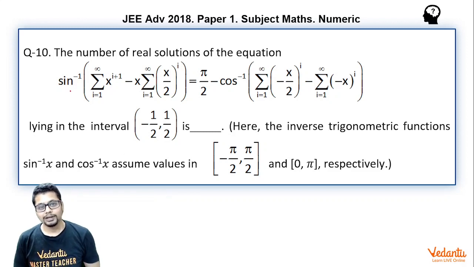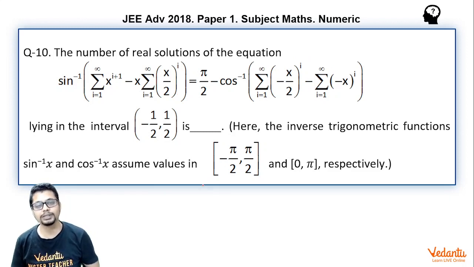So here basically if you see carefully, this expression will turn out to be equal to this expression. So this is essentially a GP, this is again a GP, this is again a GP, all are infinite GPs, and using the formula for the sum of an infinite GP we can write here.